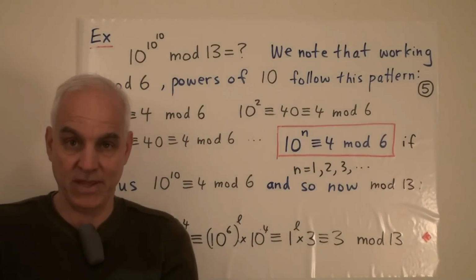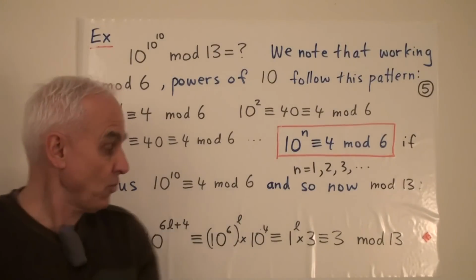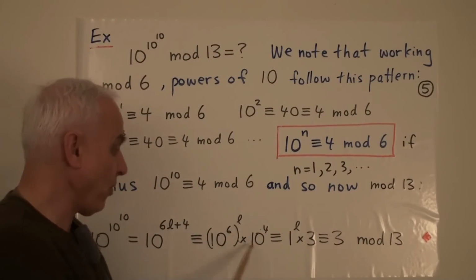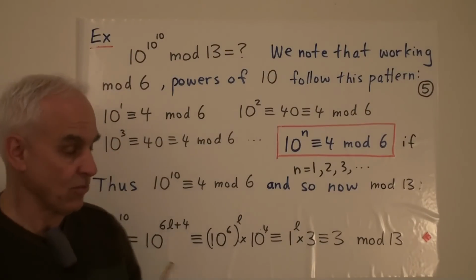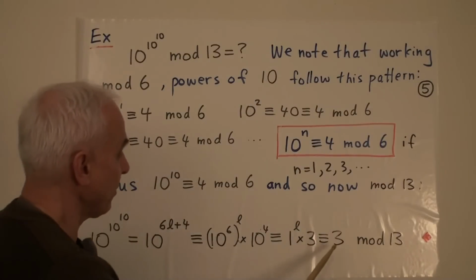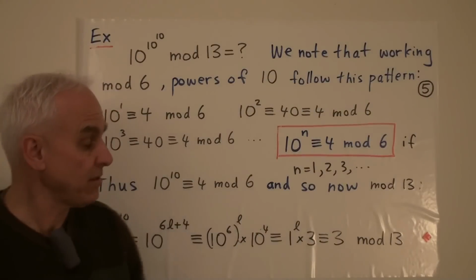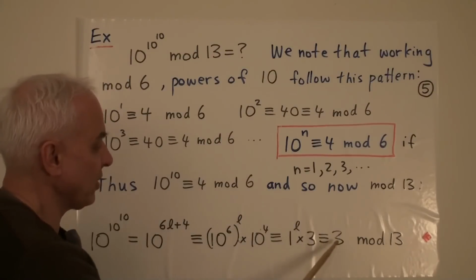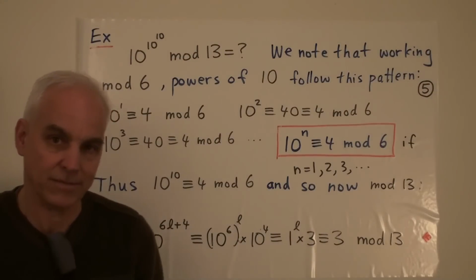That was the big simplification. 10 to the 6 is congruent to 1, and so that means we can replace this thing with a 1. That means that whole thing here simplifies just to 1 to the L, which is just 1. 10 to the 4th is congruent to 3 mod 13, and so we end up getting just the whole thing is congruent to 3 mod 13.